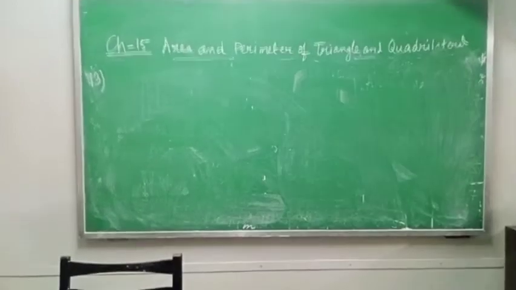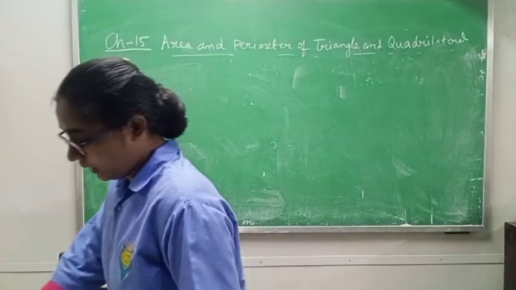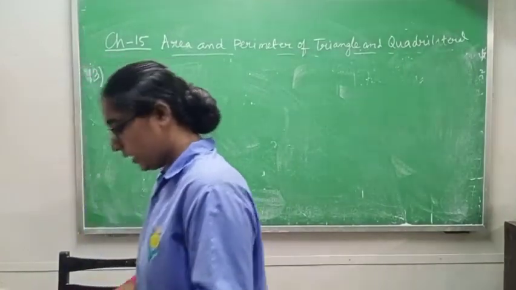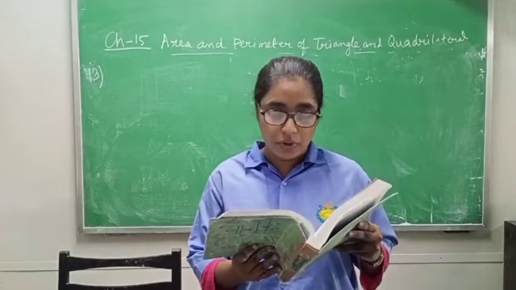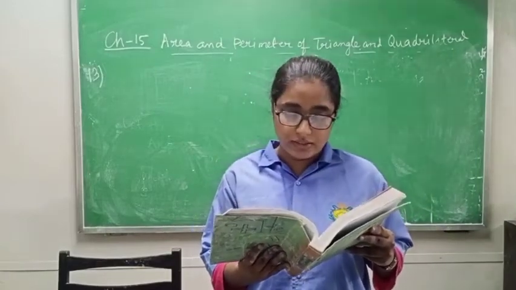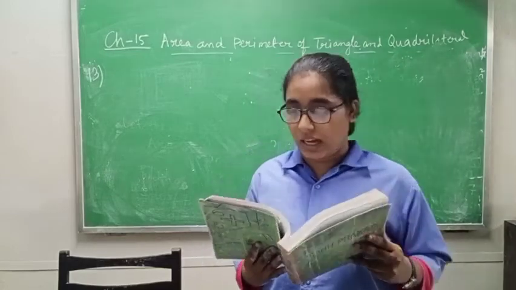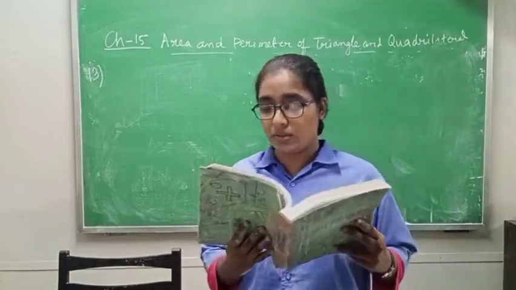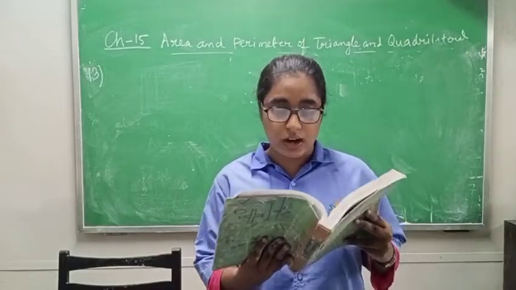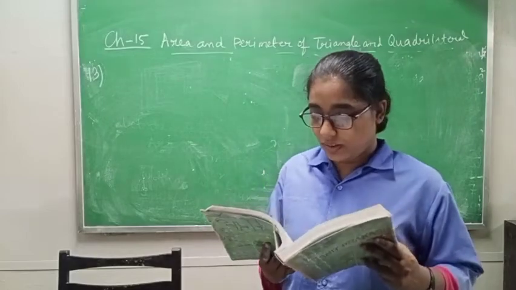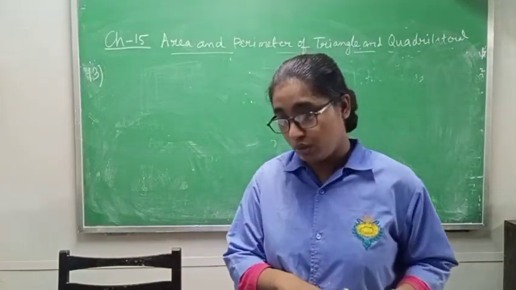Class 9, see question number 13. First read the question properly. Let us try by calculating how much length of wall in meter is required for walling outside round the square field, where the length of diagonal of a square field is 20 root 2.